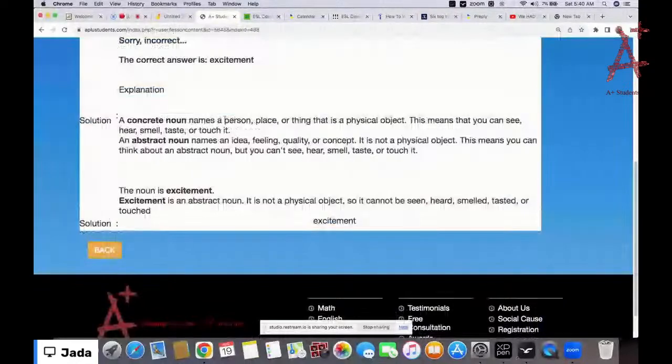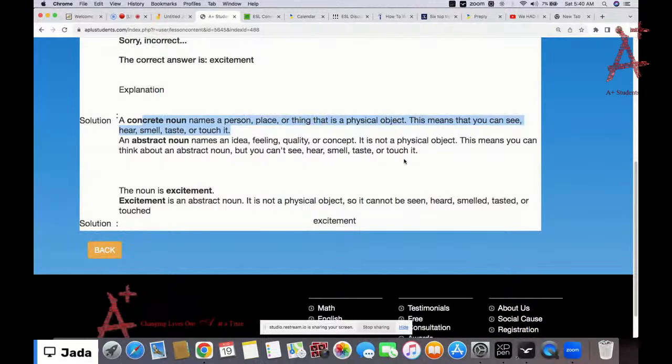So the concrete noun names a person, place, or thing that is a physical object. Okay, that means that you can see, hear, smell, taste, or touch it. So the concrete noun names anything physical. You can see it, you can hear it, you can touch it.